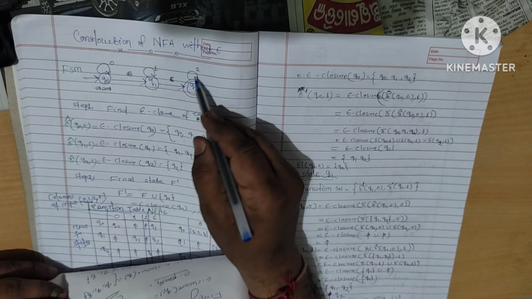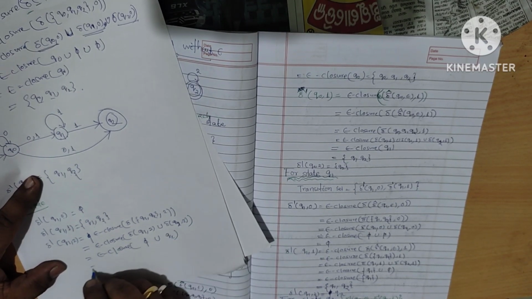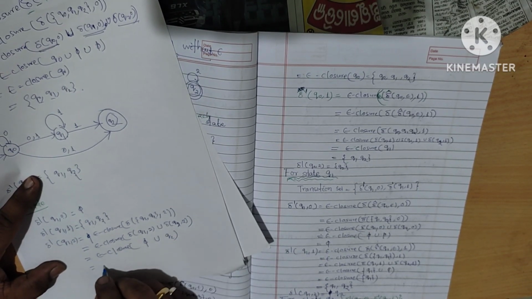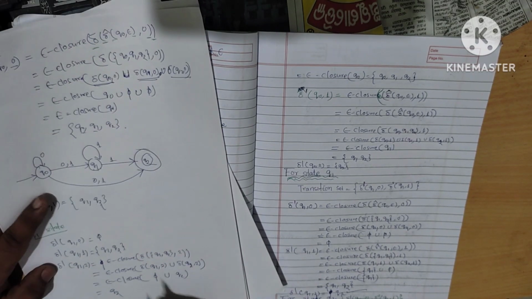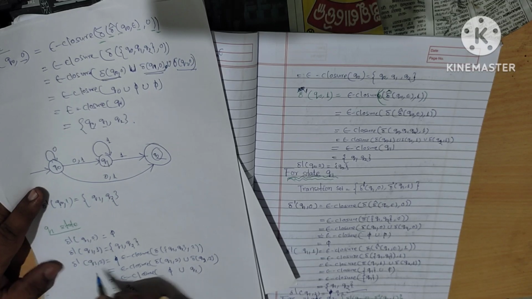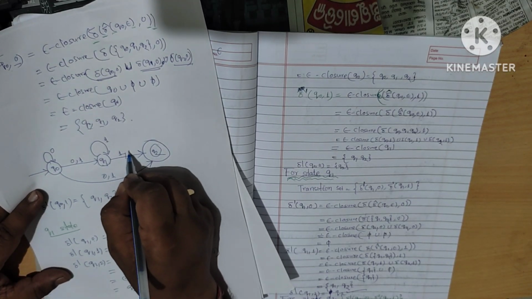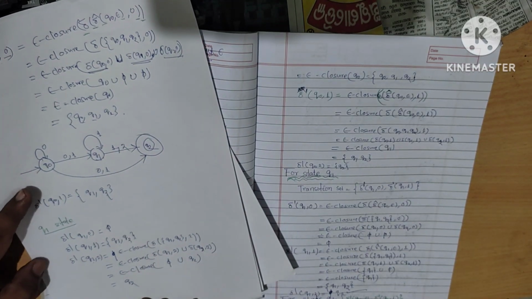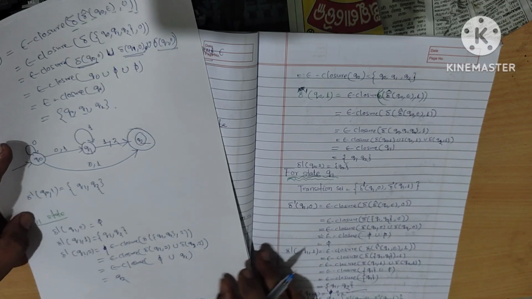Q2 on 2 we have seen here is q2, hence it is q2. So epsilon closure of q2 is equal to q2. So that we have seen in this part. So on input 2 from the state q1, it is going to the state q2. This is an idea about that. Now we have completed for q1.